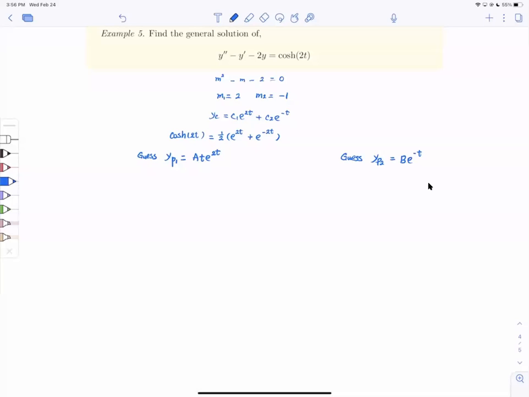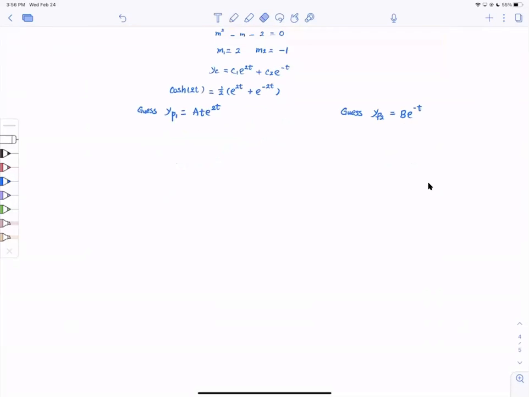So in this case, let's solve this. yp1 prime equals a plus 2at e to the 2t, and yp1 prime prime equals 4a plus 4at e to the 2t. So plug it back into the ODE.